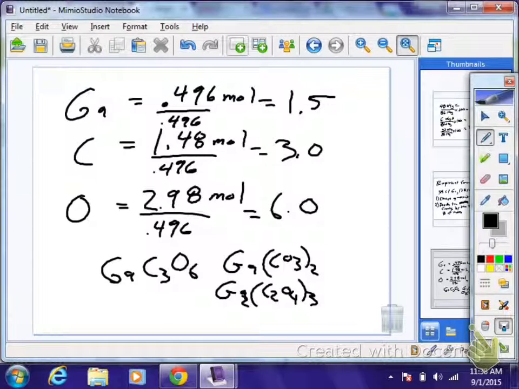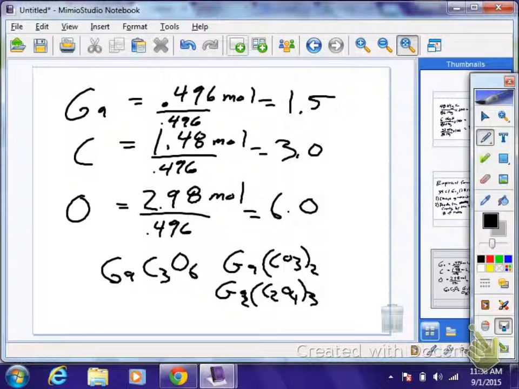We can't round that to 2. What we have to do, and it's kind of like math, is divide everything by the decimal that you have. So what if we divide everything by 0.5, what do we get? So 1.5 divided by 0.5, you get what? So we divide everything by that 0.5, we get 3, 6, 12.